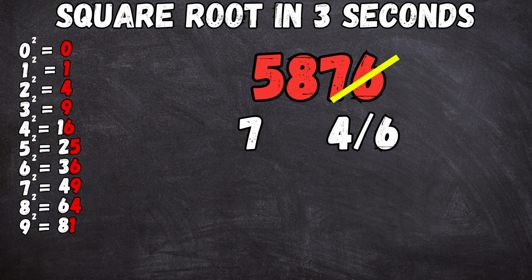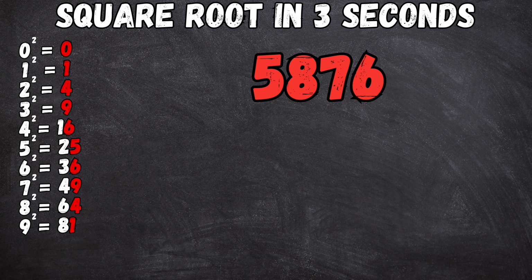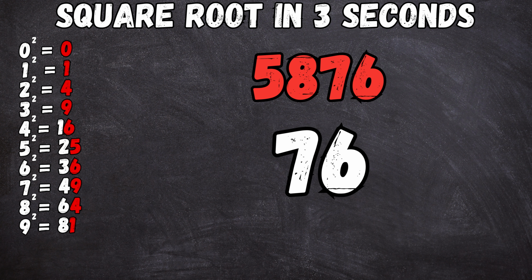So the first digit is 7. Now we try the two options, 74 or 76. Multiply 7 times 8 equals 56. Compare with 58. Since 58 is greater than 56, we pick the larger last digit, which is 6. So the square root of 5,876 is 76.